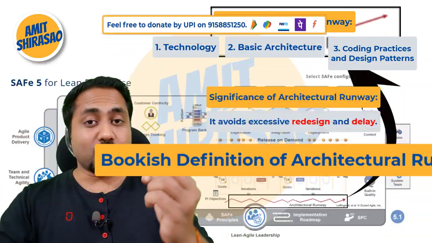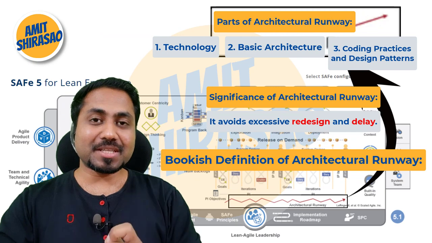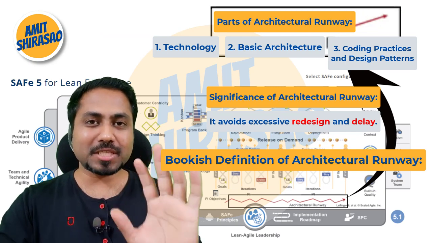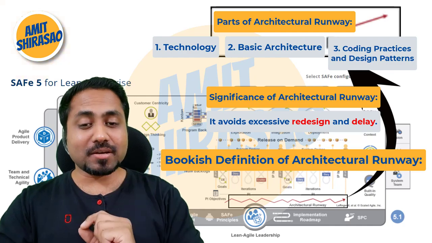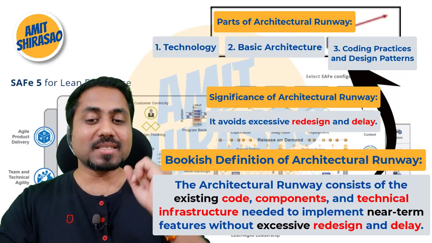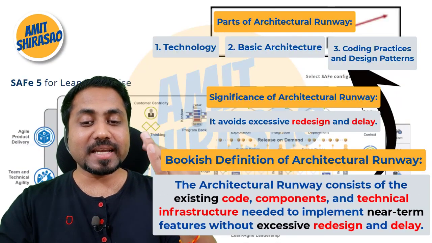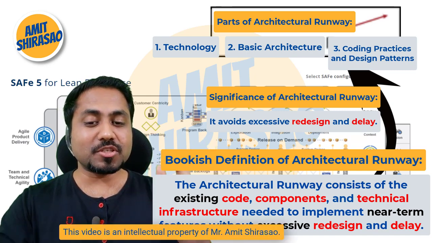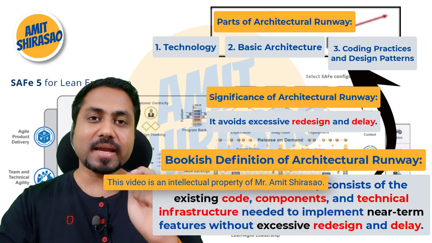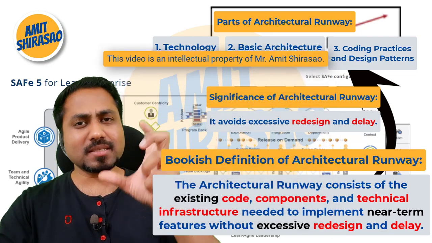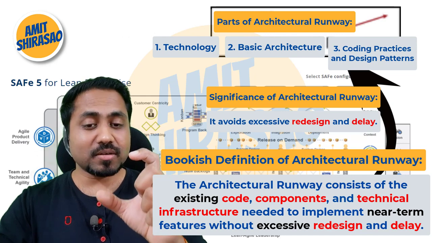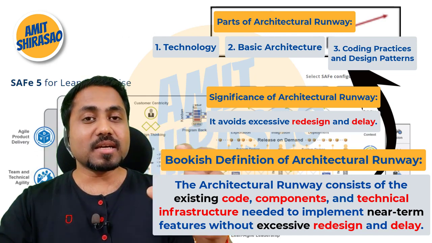Now let us go to the bookish definition, that is, the definition given on scaledagileframework.com, the official website of SAFe. Architectural runway consists of existing code, components and technical infrastructure needed to implement near-term features without excessive redesign and delay. It is needed to implement near-term features.